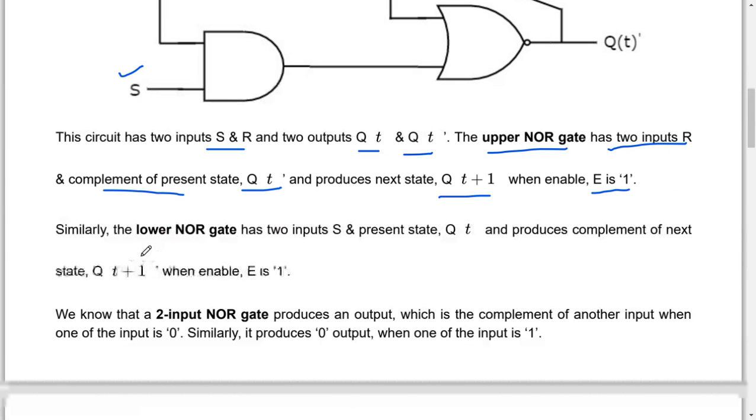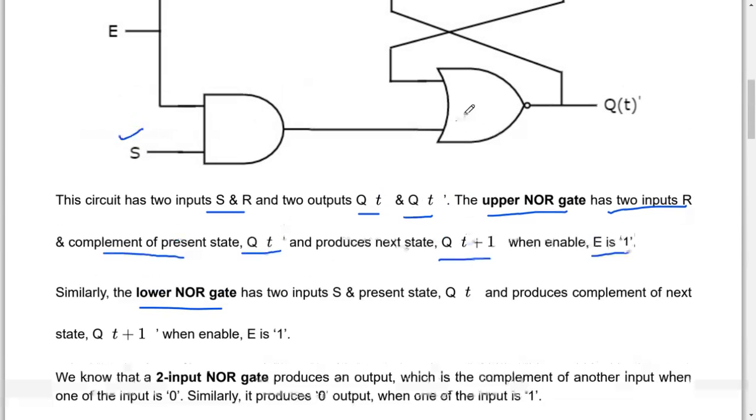Similarly, the lower NOR gate has two inputs S and present state QT, and produces the complement of the next state QT plus 1 when enable E is 1.